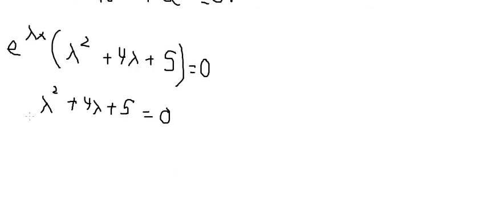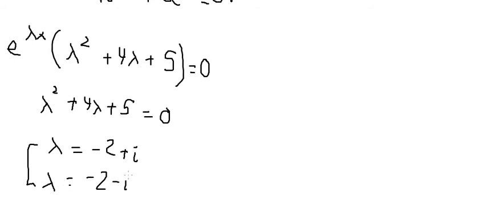And now we need to find the solution, and you get lambda equals negative 2 plus i, and the second one lambda equals negative 2 minus i.